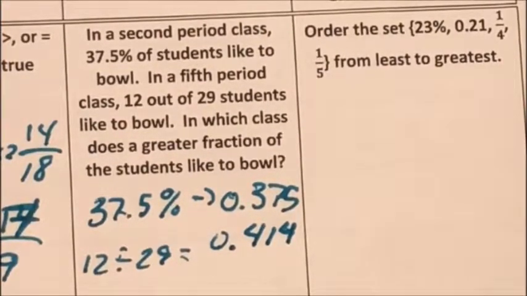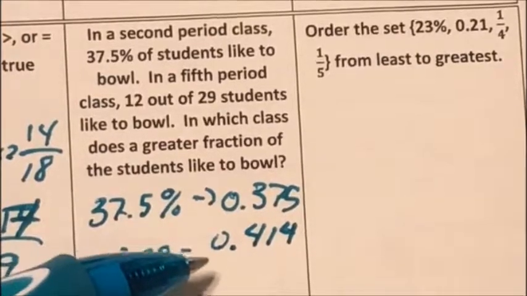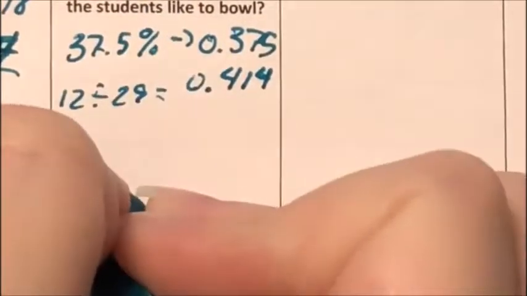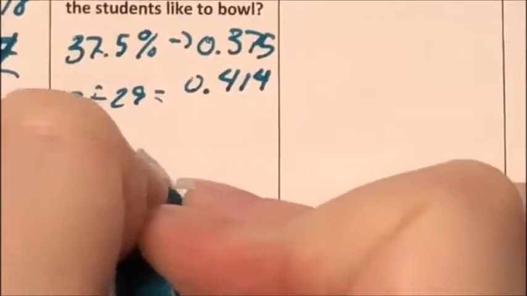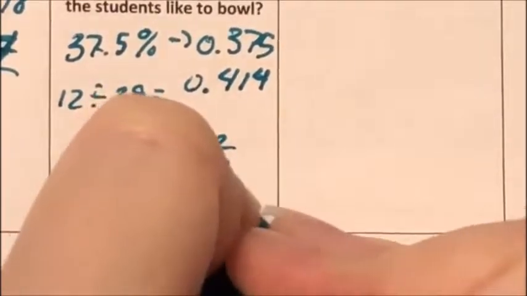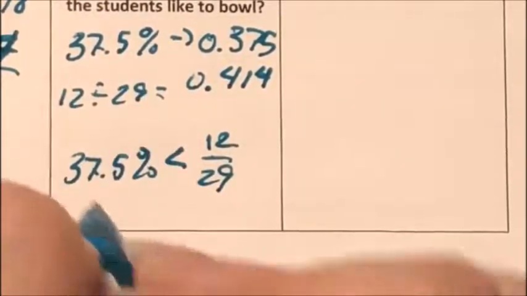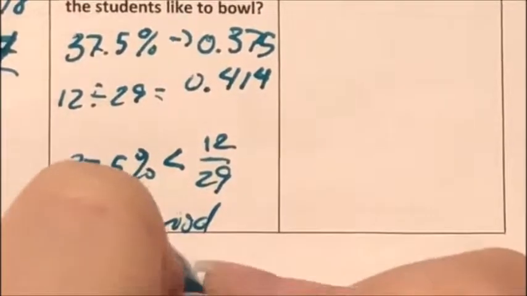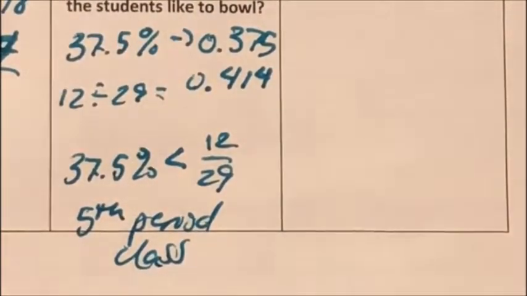Okay, so I rounded. 0.414 is bigger than 0.375, which means 37.5% is less than 12/29. So the fifth period class had the greater percentage, greater fraction of students who like to bowl.